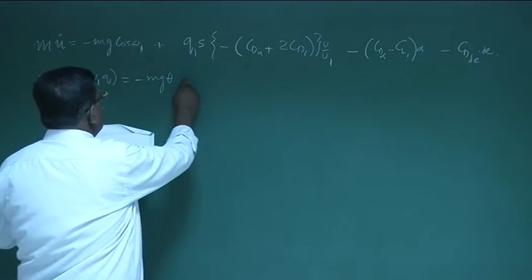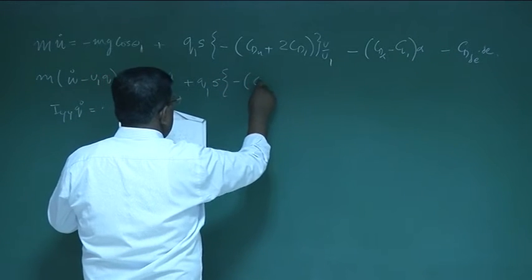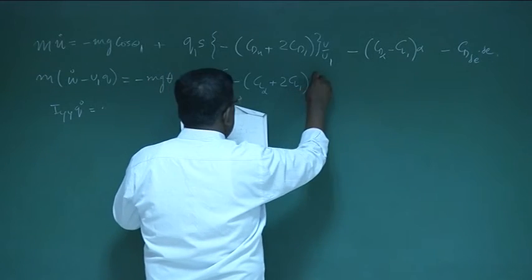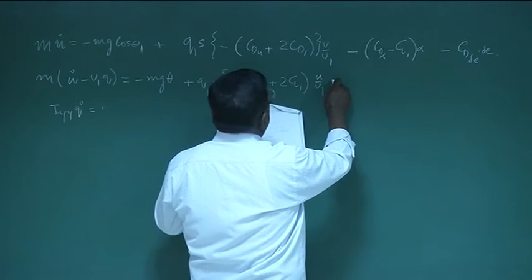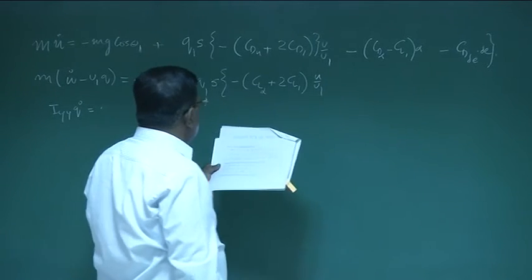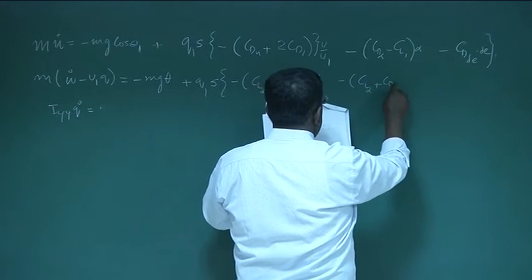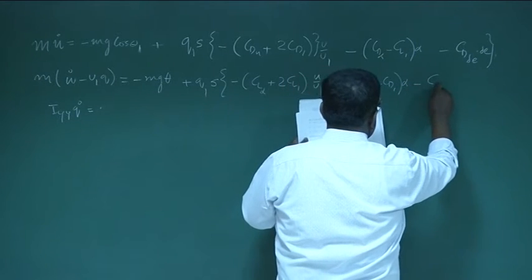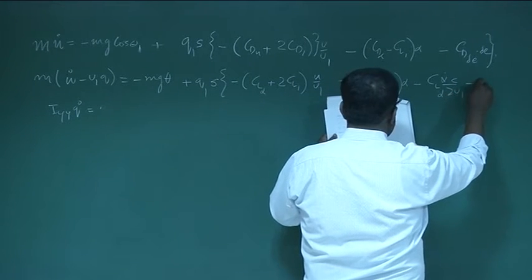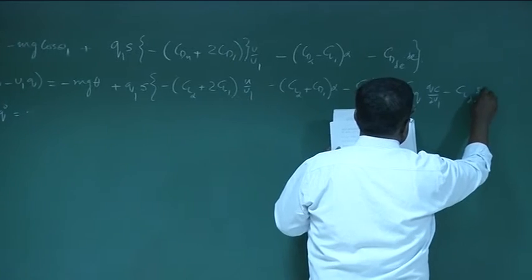And for Fz we wrote like this, we derived these expressions: q1 S, and then minus (CL alpha plus 2 CL1) into u by u1, minus (CL alpha plus CD1) into alpha, minus CL alpha dot into alpha dot c by 2u1, then minus CLq into q c by 2u1, minus CL delta e into delta e. Here q1 S is common, so it should have a curly bracket.